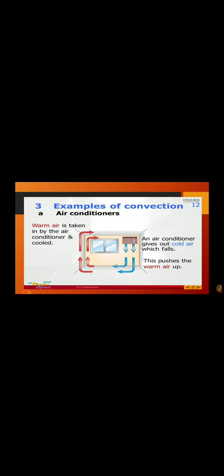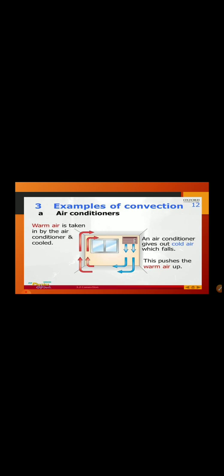We know, students, that an air conditioner gives out cold air which falls down as it is heavier than the warm air.